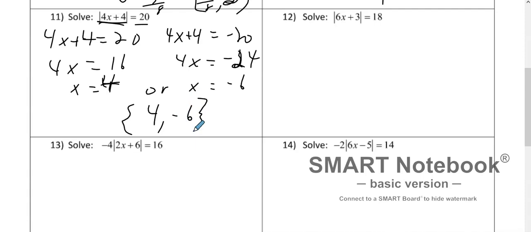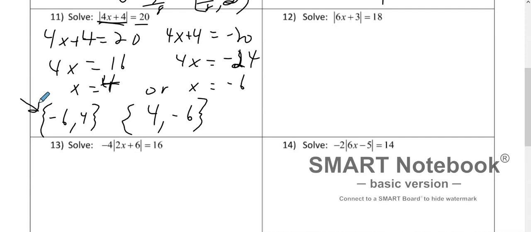Otherwise order doesn't really matter, but a lot of people will put it in numerical order. Either way, any one of those 3 answers is perfectly fine. I prefer this one if you're going to do it in braces, just because it keeps you in line with interval notation, keeping the negative on the left side, but it's not a rule.